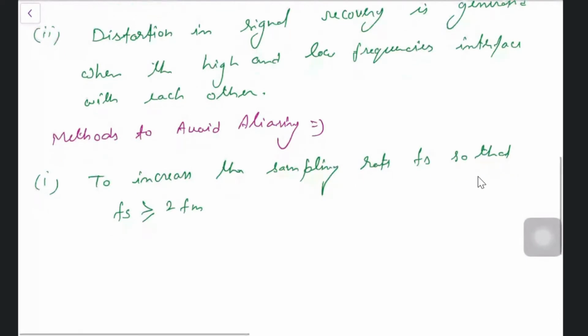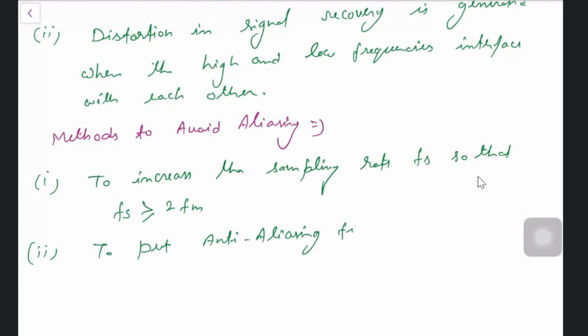Now the second point is to put an anti-aliasing filter before the signal x(t) is sampled.